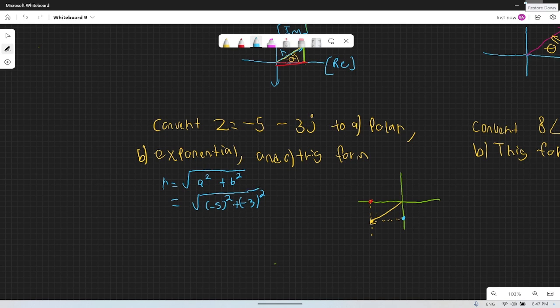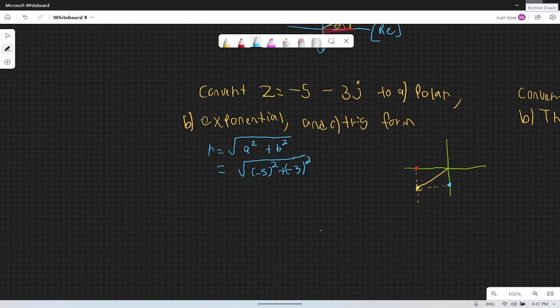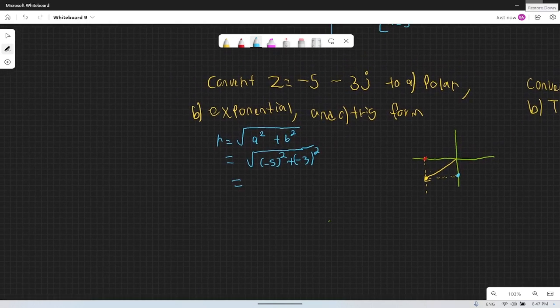When you're putting this in your calculator, if you do put a negative, make sure that you have the negative inside of brackets, or else you'll get an error or a mistake. This gives us approximately 5.83.